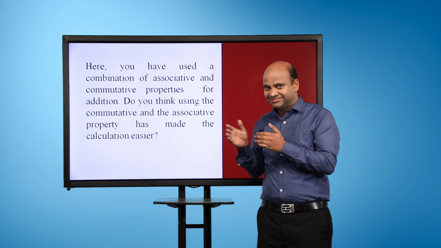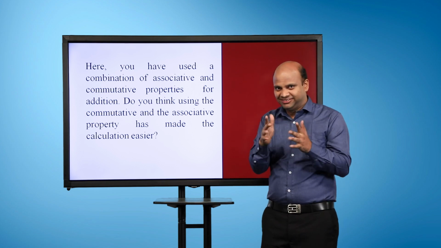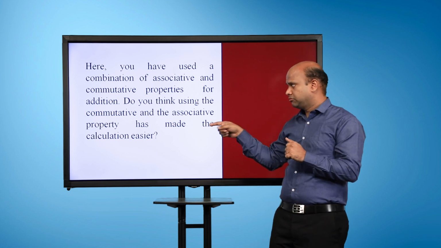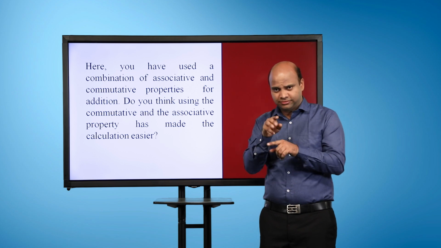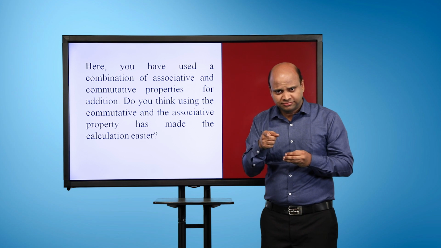Here, you have used a combination of associative and commutative properties for addition. Do you think using the commutative and the associative property has made the calculation easier?